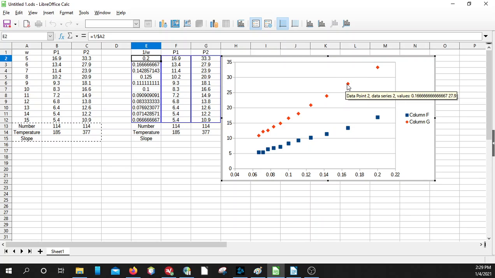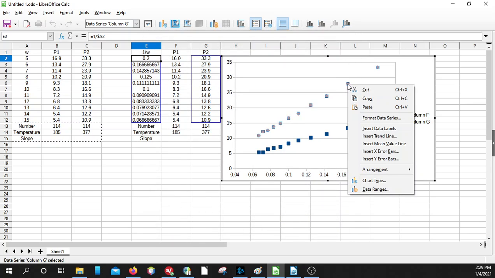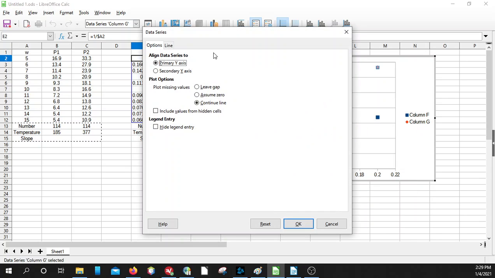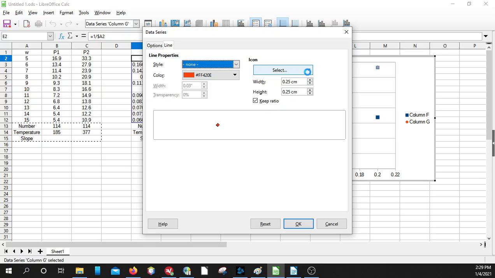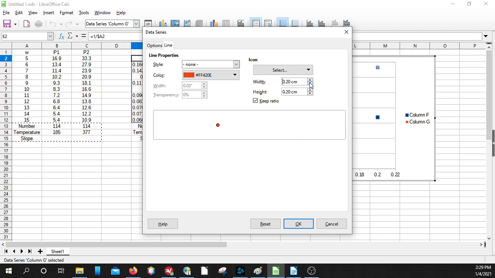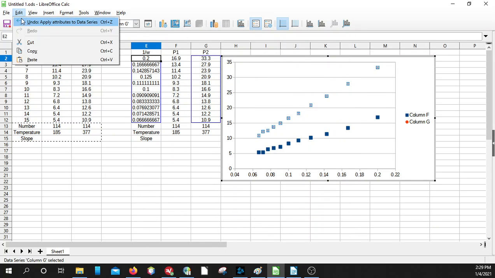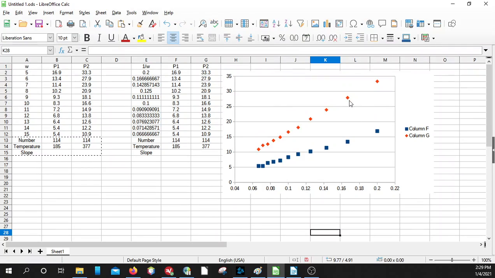But since everything is online here, it'll be easy to just keep it in color. So we're going to do that. Format, I think it was data series, and change these icons. Yeah, I don't know if you could even notice visually, but just make these, and I always forget to do this, so I'm going to start over.